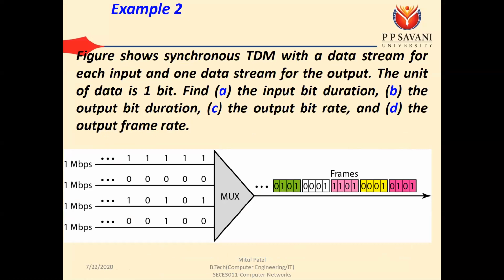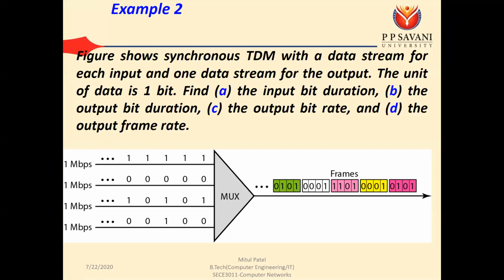Okay, so here we can see that the data rate of each input connection is 1 Mbps. So for the first connection it is 1 Mbps, for the second 1 Mbps, for the third 1 Mbps, for the fourth 1 Mbps. That means in one second, 1 million bits are transferred.